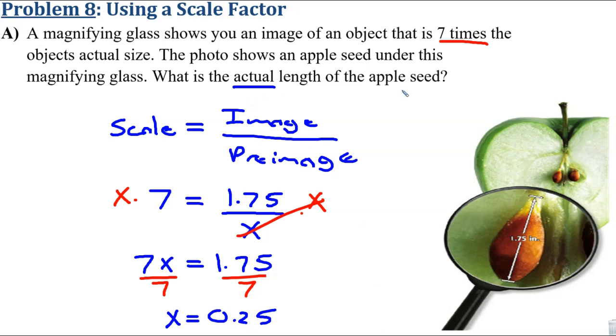All right, so we'll say that actual seed length is just 0.25 inches. All right, so there's an example of an applied dilation problem. Fill in this scale factor equation, and then you have a simple equation to solve.